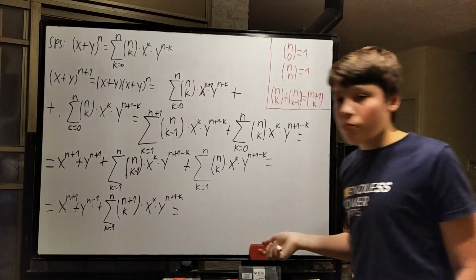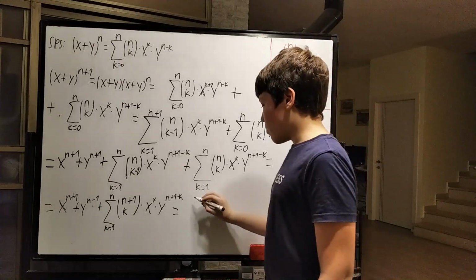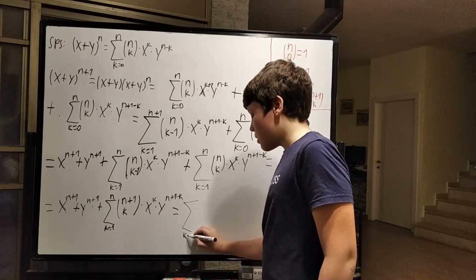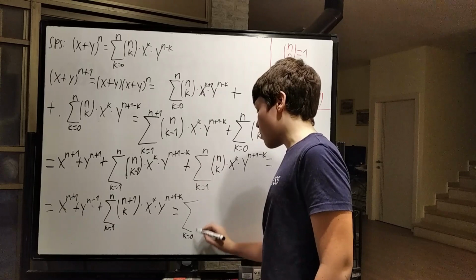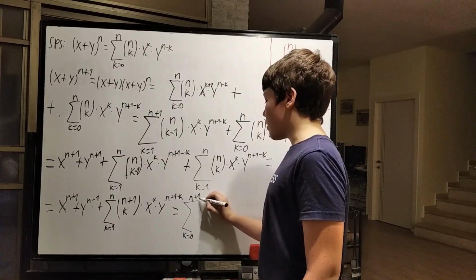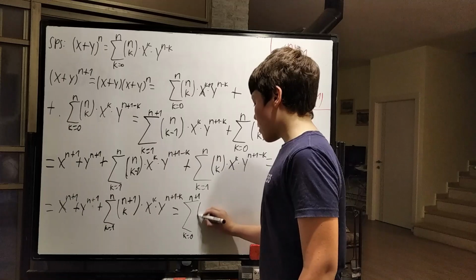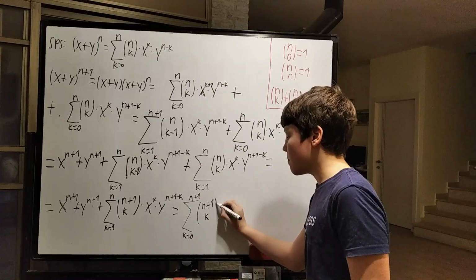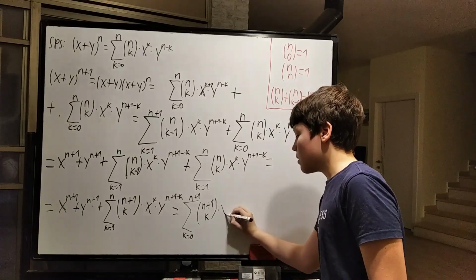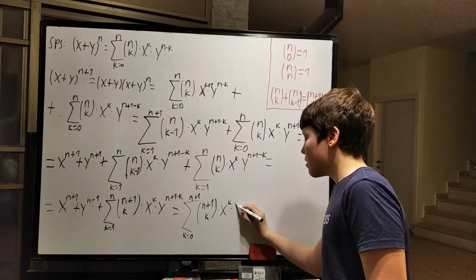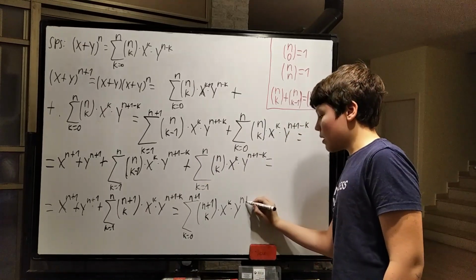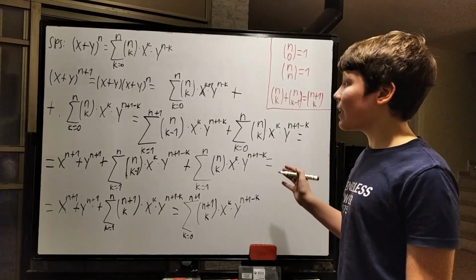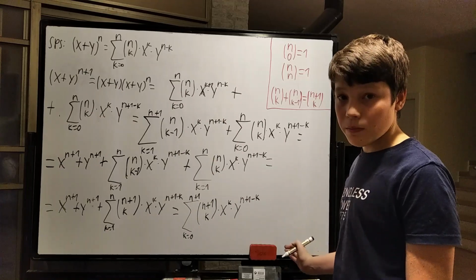Again, because of these two properties, we will have finally the sum as k goes from 0 to n plus 1 of n plus 1 choose k times x to the k times y to the n plus 1 minus k. And that's exactly what we wanted to achieve.